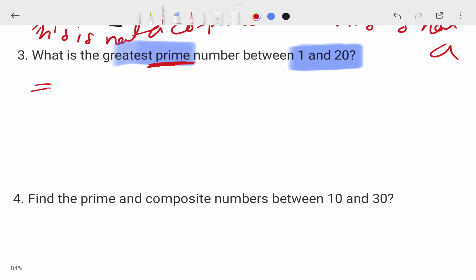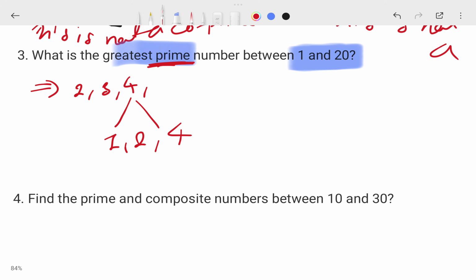So what are the prime numbers? 2 is there, 3 is there, 4 is there, 5 is there. Not 4, because 4 has more than 2 factors. If you take the factors of 4, it has 1, 2, and 4 also.